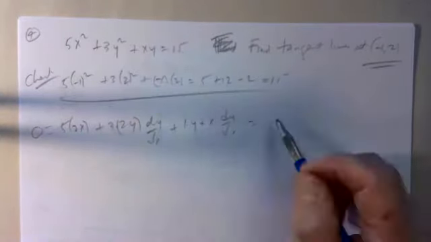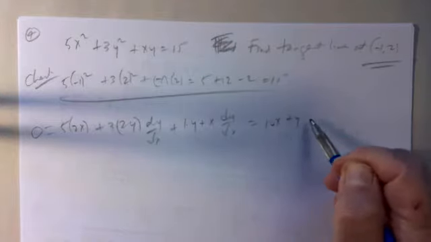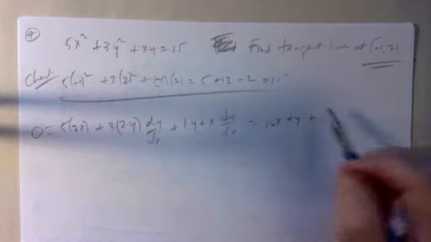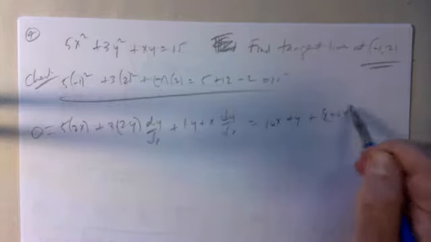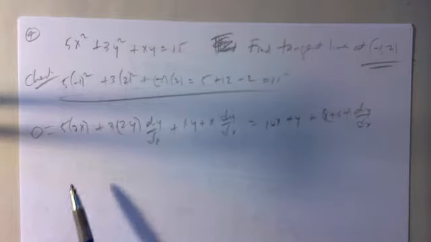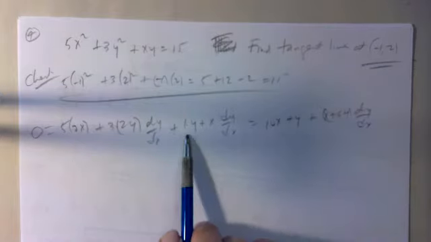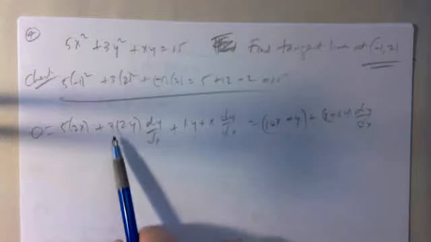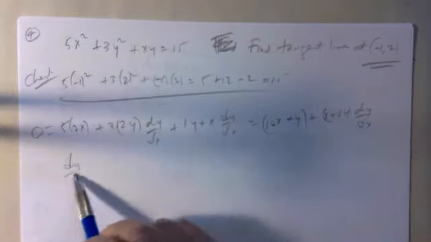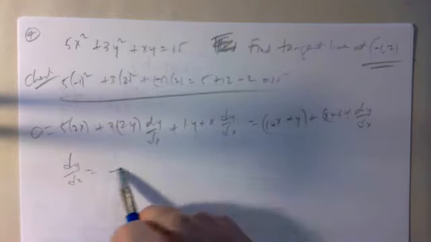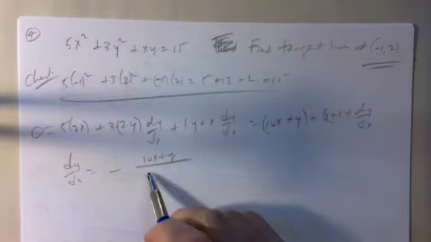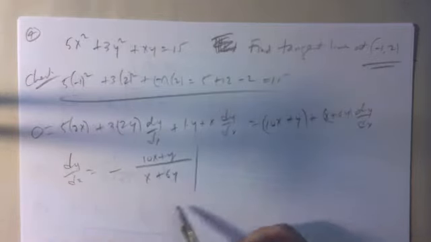So this is 10x plus y plus x plus 6y times dy dx. 10x plus y, 6y plus x. So dy dx is equal to minus 10x plus y over x plus 6y.